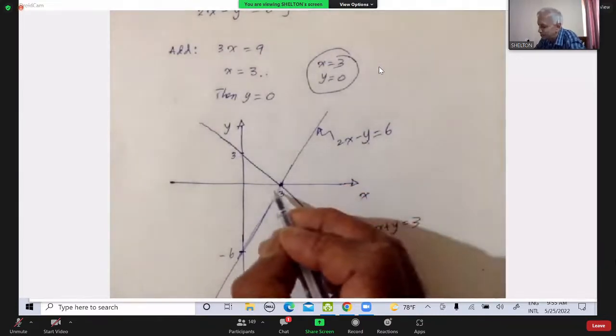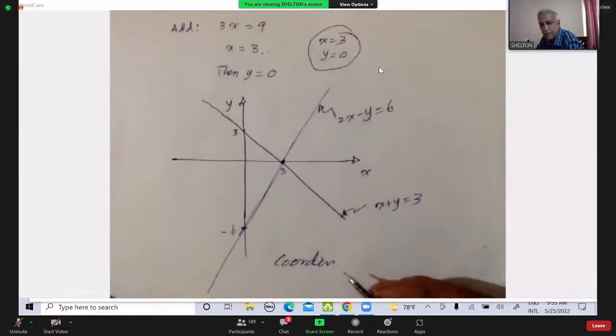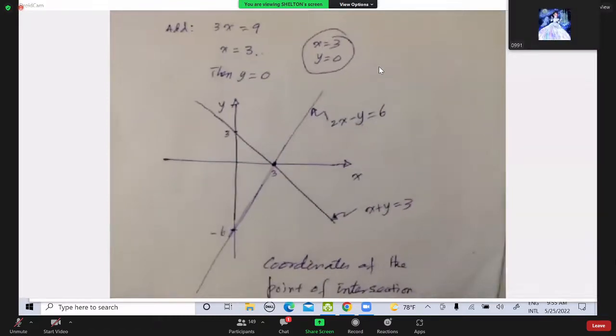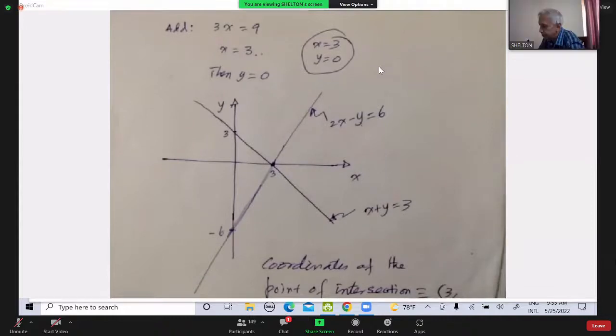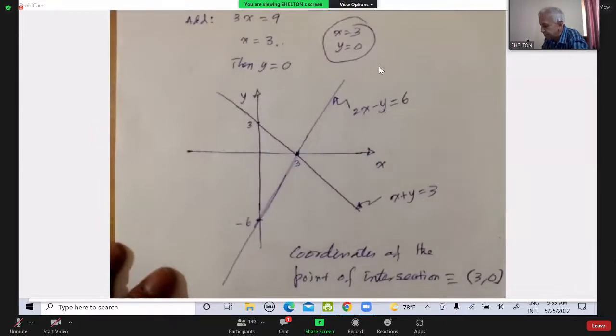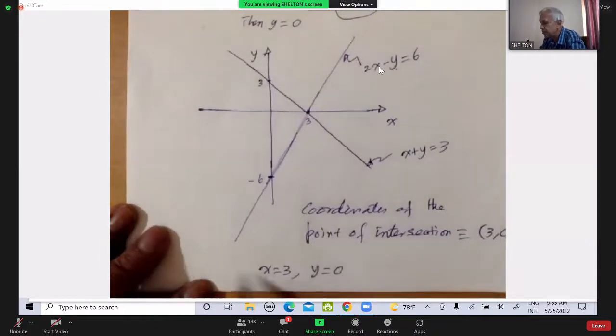So what are the coordinates of the point of intersection, the point common to them? It is 3, 0. x equals 3, y equals 0 is the only common point.